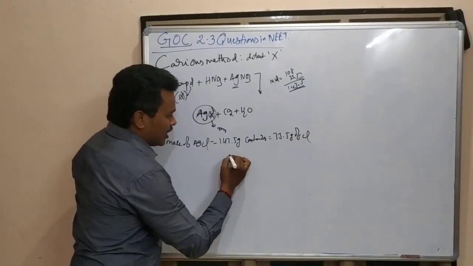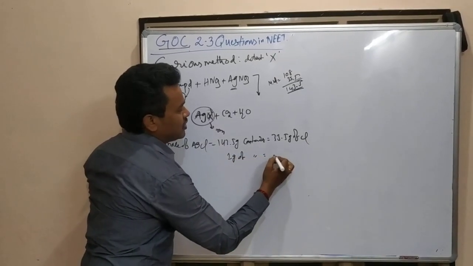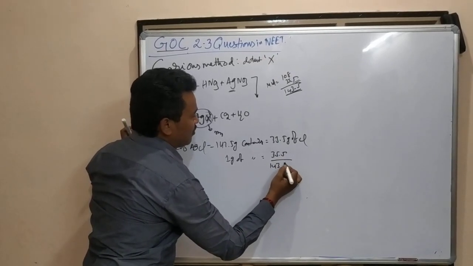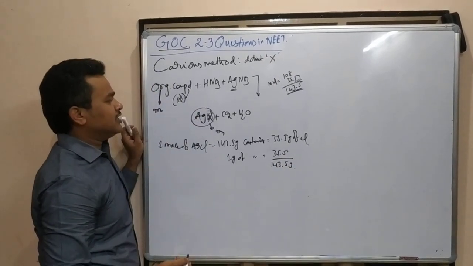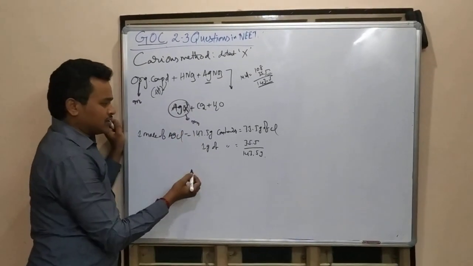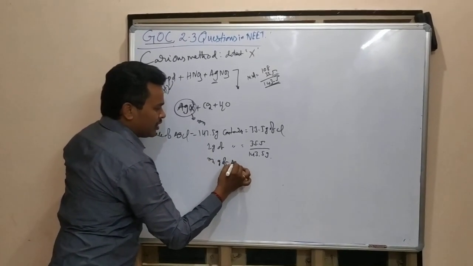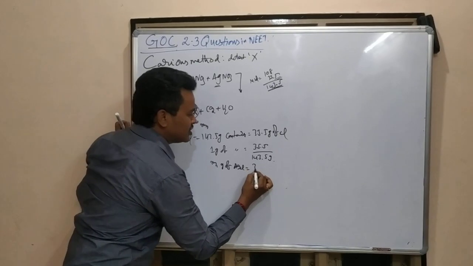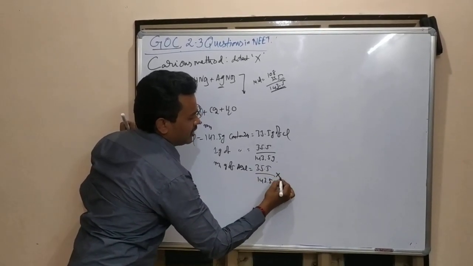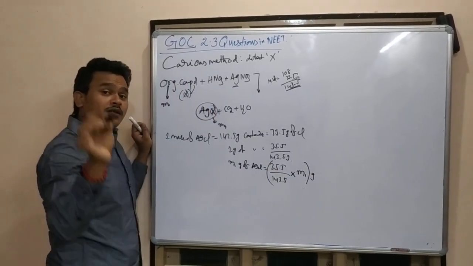Now 1 gram contains how much? 35.5 by 143.5 grams. In this method, how much AgCl was considered? m1 grams. So m1 grams of AgCl contains 35.5 by 143.5 into m1 grams of chlorine.